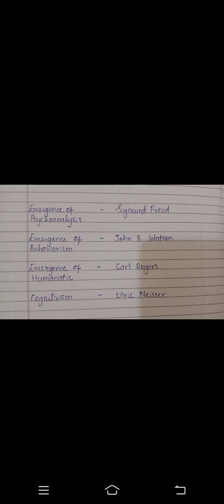Behaviorism was given by John B. Watson. Humanistic psychology, Carl Rogers. Cognitivism was given by Ulric Neisser. These people are the pioneers of the topic. After that, lots of people investigated, but these are the pioneers. Now, write it down and remember these names, because they are very important and valuable names.